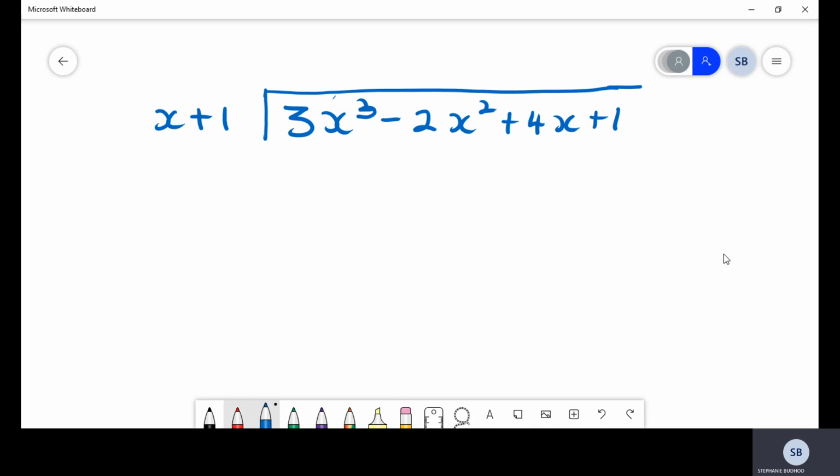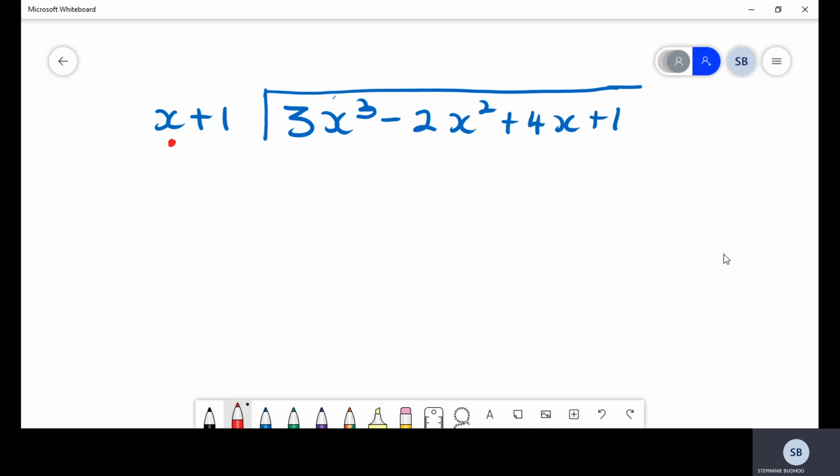Now, when you're performing long division, you only need to consider the term in x, or rather the highest power of x that's present, if you are dividing by a nonlinear term in the future.